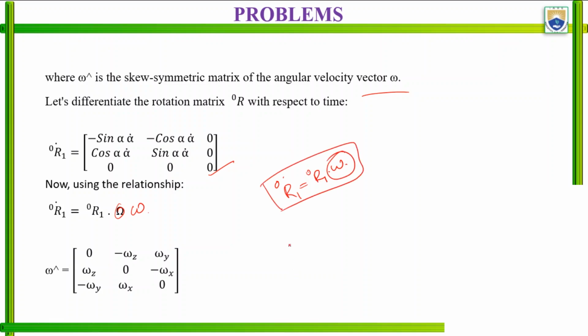What is omega? How do we write the matrix for omega? Omega is written as 0, minus omega z, omega y; omega z, 0, minus omega x; minus omega y, omega x, 0. So this is how we write the matrix for omega, right?